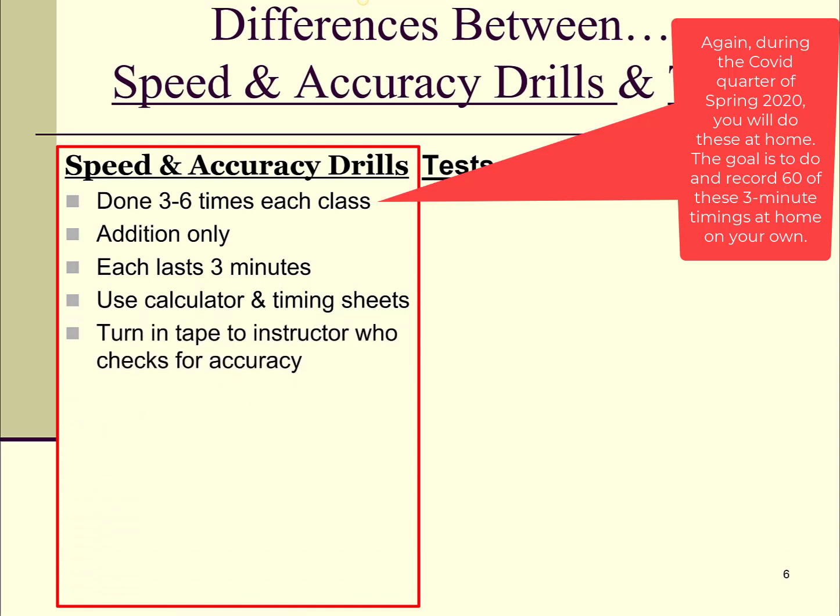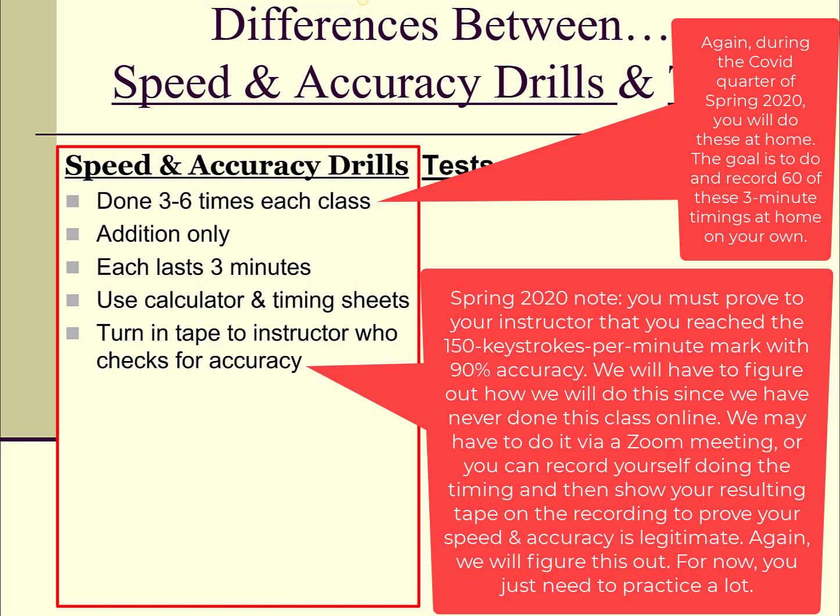Again, remember, you're trying to do 60 of these and record the results of 60 of these in a quarter. And when you get a speed and accuracy of 150 keystrokes per minute or greater, and an accuracy of 90% or greater, you will turn that tape into your instructor as proof that you got that.